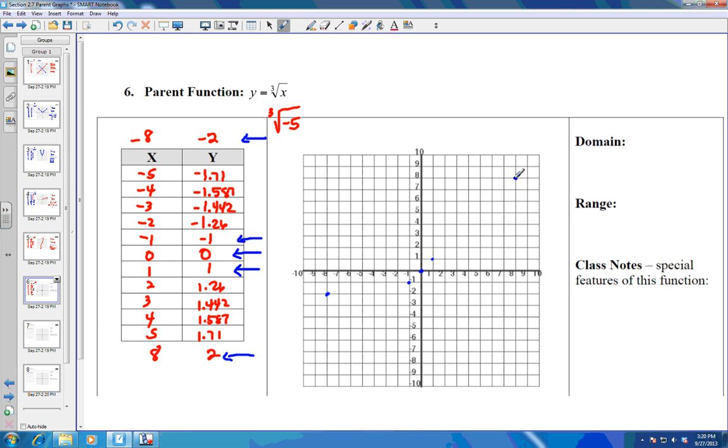I'm sorry, 8, 2. So here's what this one looks like. I knew that didn't look right. Hang on, I graphed this wrong. 8, 2. Sorry, 8, 2.